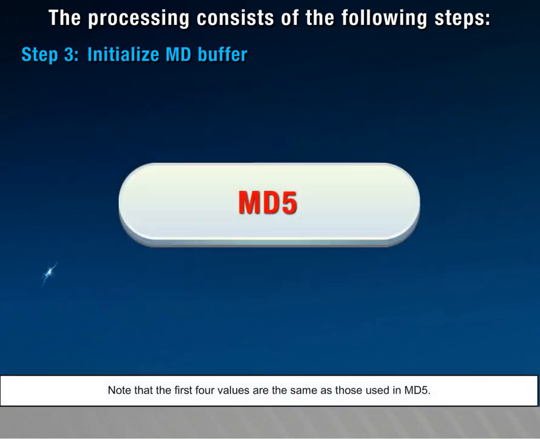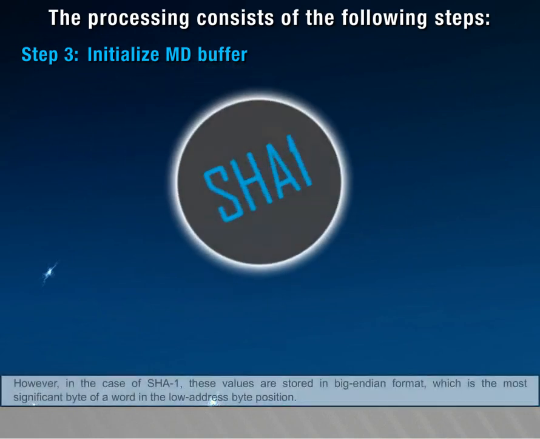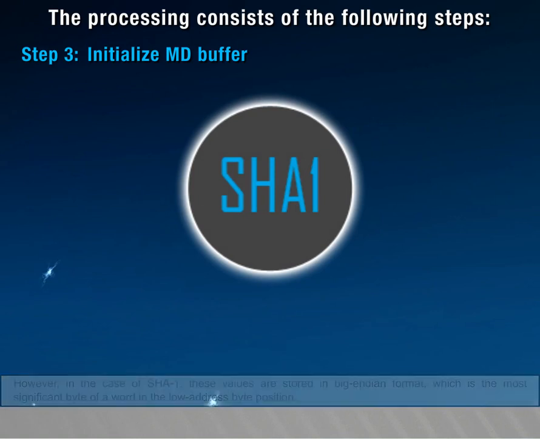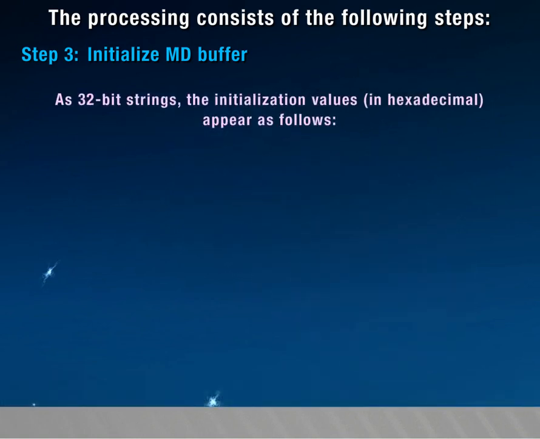Note that the first four values are the same as those used in MD5. However, in the case of SHA-1, these values are stored in big endian format, which is the most significant byte of a word in the low address byte position. As 32-bit strings, the initialization values in hexadecimal appear as follows.